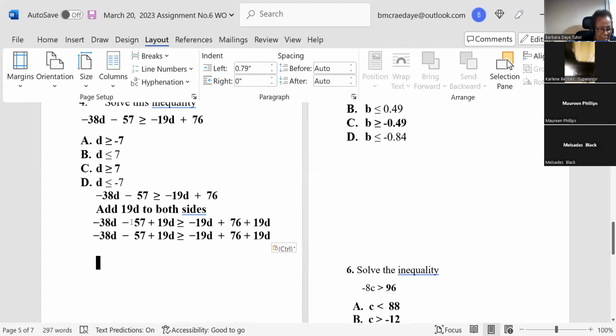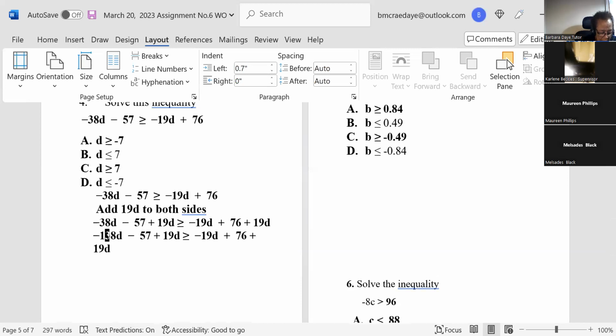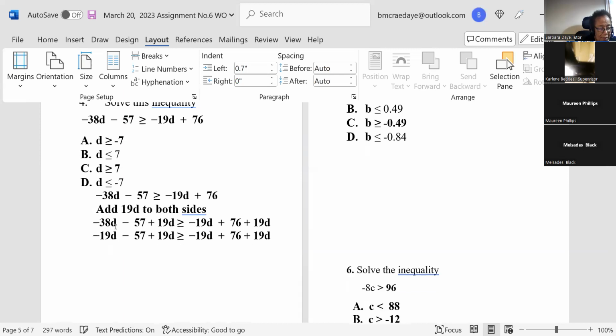Minus 38D and a plus 19D gives you a minus 19D. So let's just put that there. This becomes a minus 19D. And that's a negative. So this comes out because we added it, right?